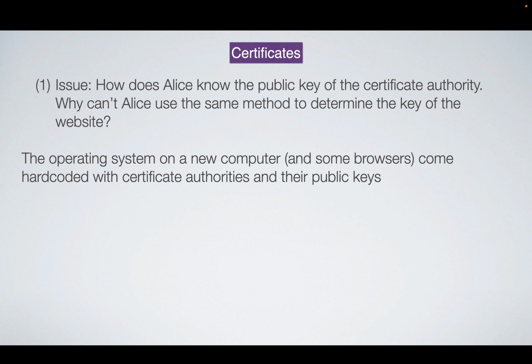Some browsers like Firefox will come with their own list. Most browsers, Chrome, IE, Safari, let the operating system do it, while Mozilla says, we have our own list that we curated, so we'll use our own list if you're using Firefox. For the purposes of this class, we'll just talk about it coming from the operating system, but in some cases it could also come from the browser.